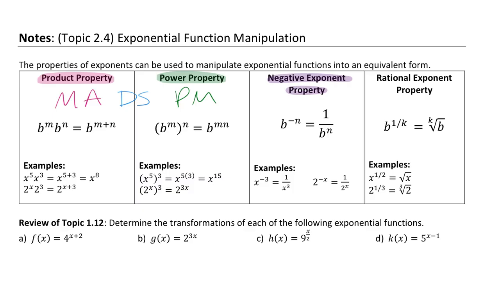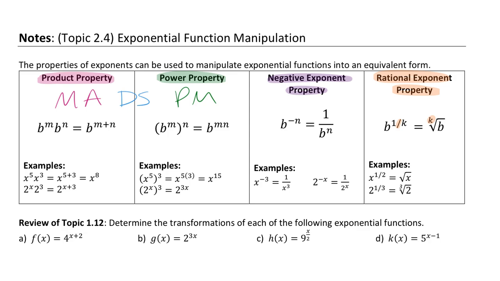The last exponent property you might not have seen in this exact way. It's called the rational exponent property. If you have a fraction in your exponent, not dividing the bases, but a fraction in your exponent, that actually becomes the index of your root. So 1 over k as the exponent is the kth root of b.